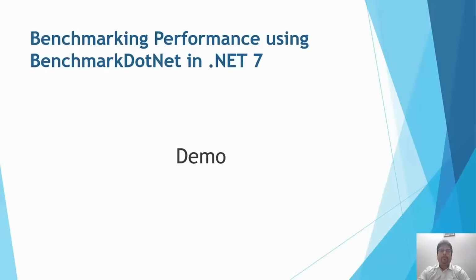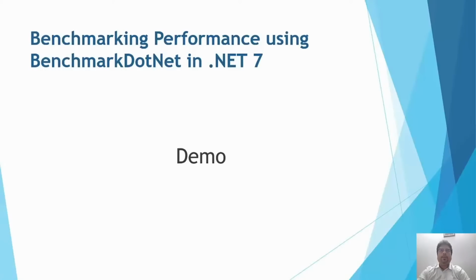Assuming we have Visual Studio 2022 Preview 7 installed, we can proceed with creating a new project. It should be a console project in .NET 7, and then we will have to add a library called BenchmarkDotNet. I'll tell you about that.